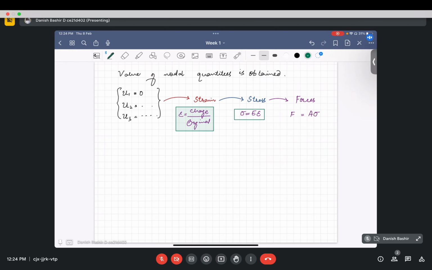And if you are able to find the force at any location in the bar, you will be able to find the rest. I will be writing the element equations for strains as well. In strain, we have an equation like this: epsilon is equal to 2 by L times the matrix [minus 1 by 2, 1 by 2] multiplied by [u1, u2].